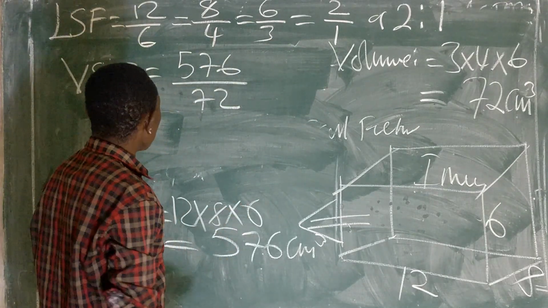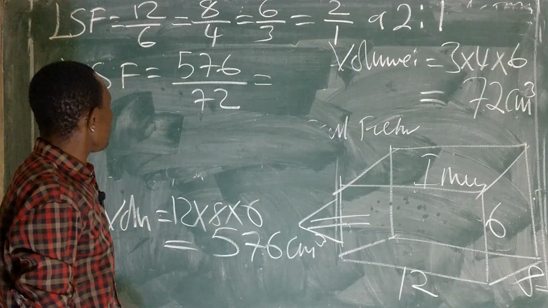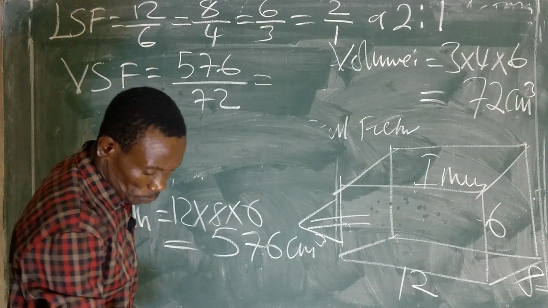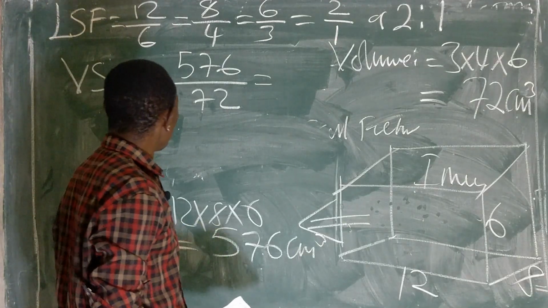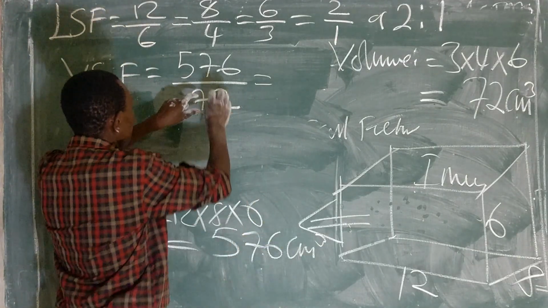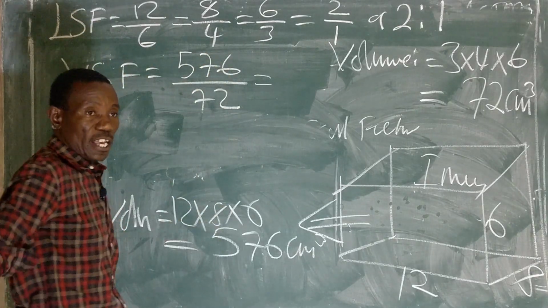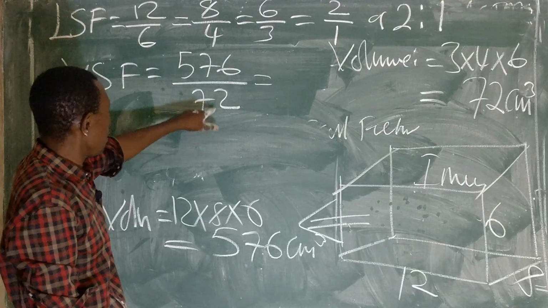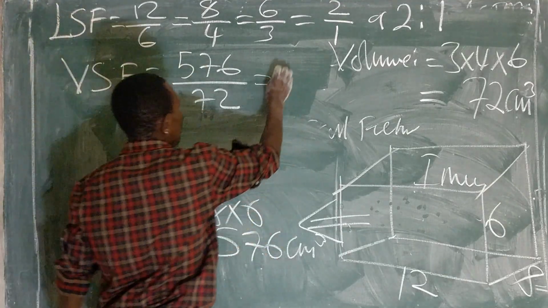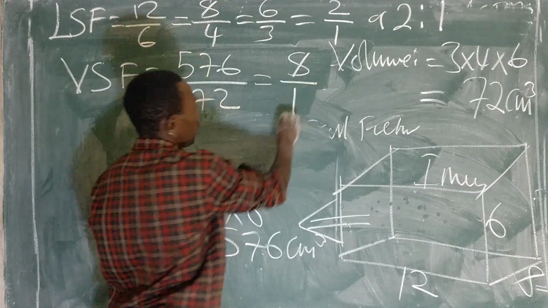If we try to simplify, by a common factor, that's the HCF of the two values, you find that 72 goes into 576 8 times, and 72 is 1.